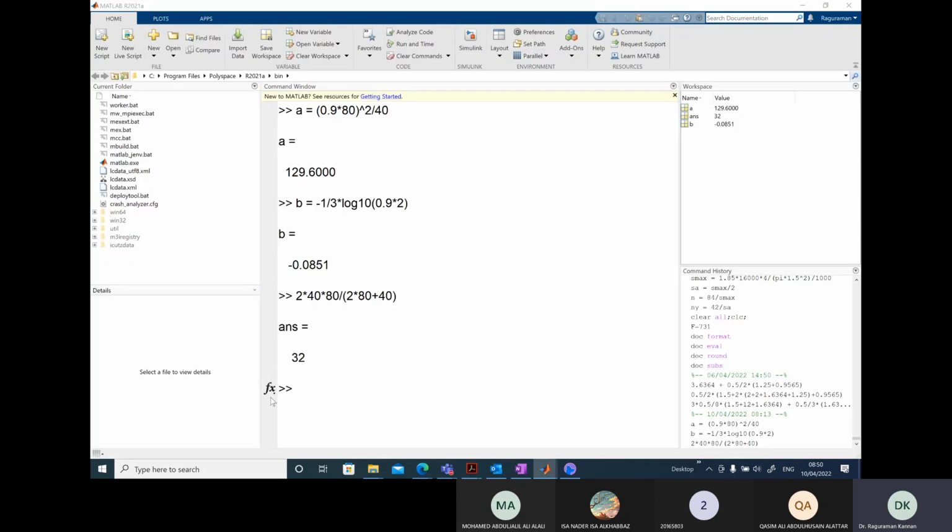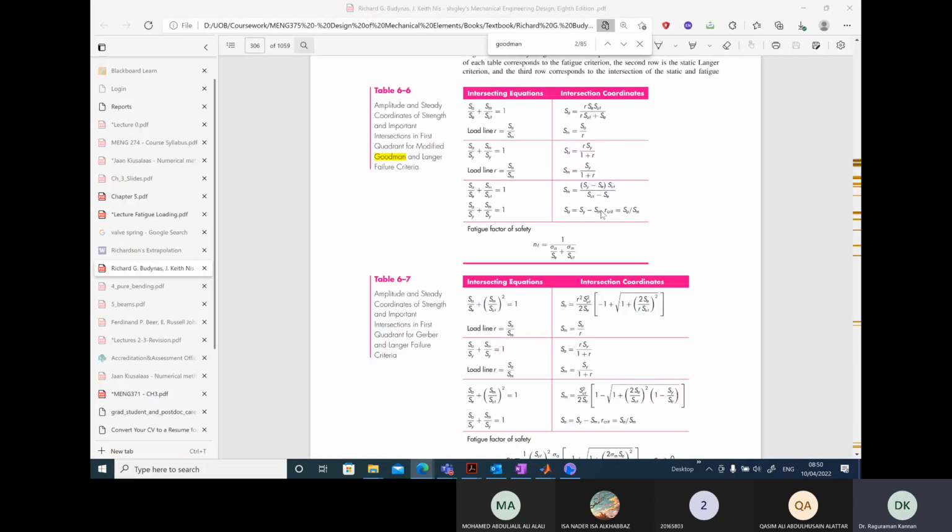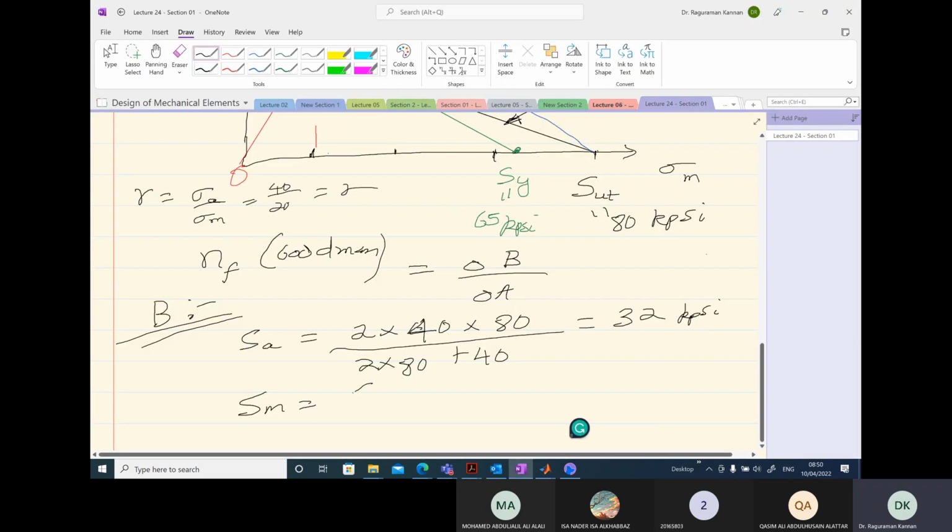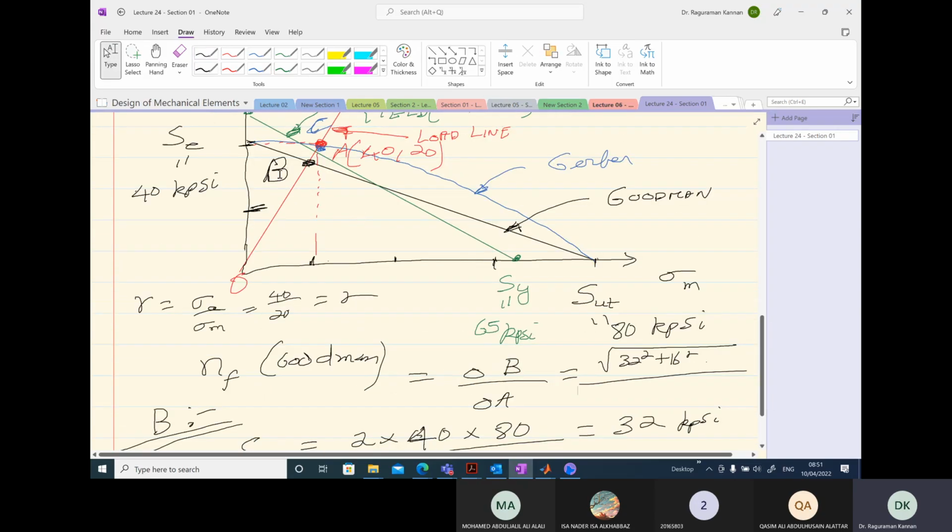SM value is given by SA over R, 32 over 2, 16 kpsi. So from here I can get the lengths OB and OA. OB will be equal to, use the Pythagoras theorem, because this is the point B and you want the length of the hypotenuse.